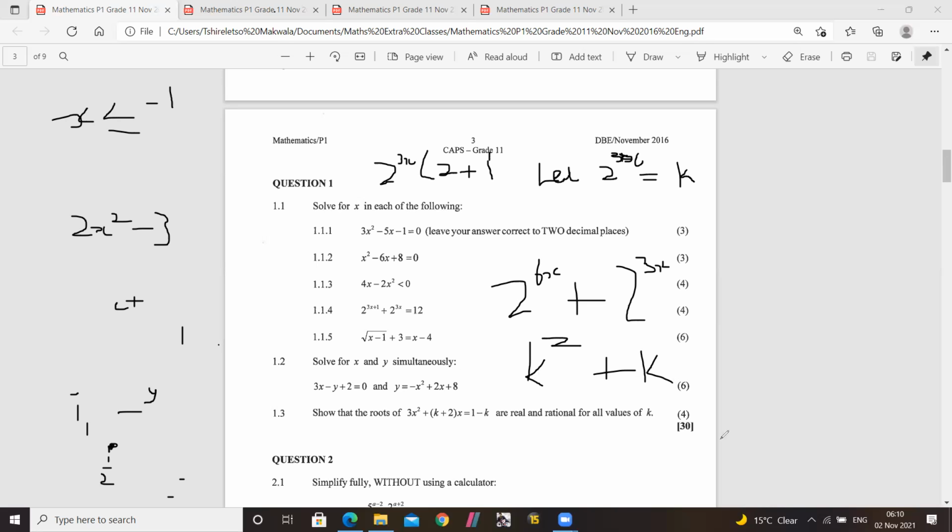Then from there on, you're going to solve for k normally. Then afterwards, substitute this thing back. With a let type of question you must substitute back, because you're not solving for k. The question needs you to solve for x. So in the end, don't forget to solve for x and show the correct answer.